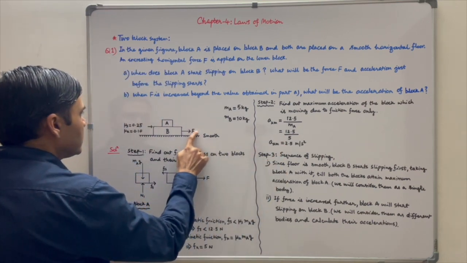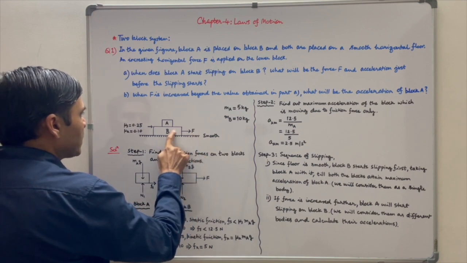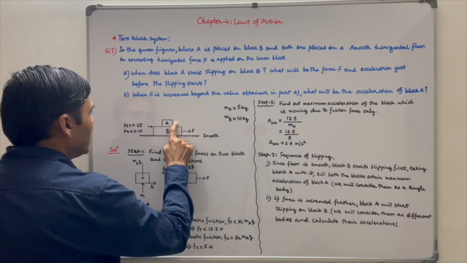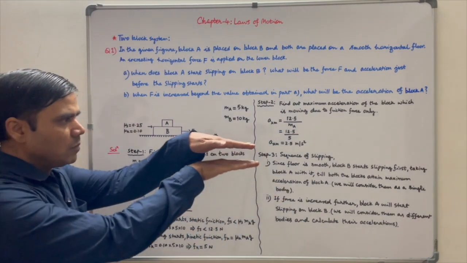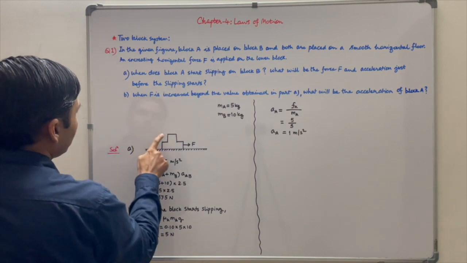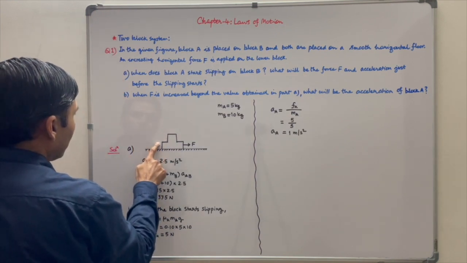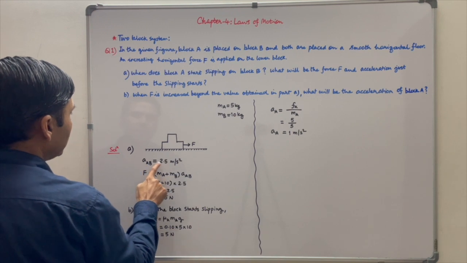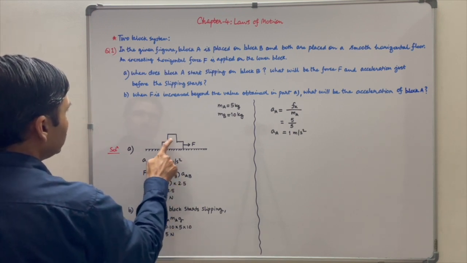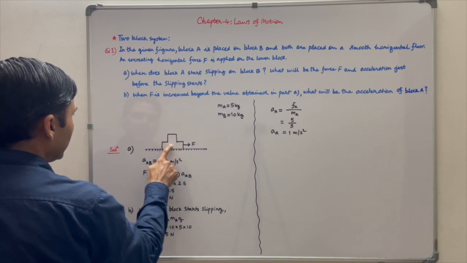When force is increased further, block B will try to accelerate beyond this, but block A cannot. As a result, block A will start slipping on block B. Part A. Just before block A starts slipping on block B, they are moving with acceleration 2.5 meter per second square. Till that moment, they can be treated as a single body.